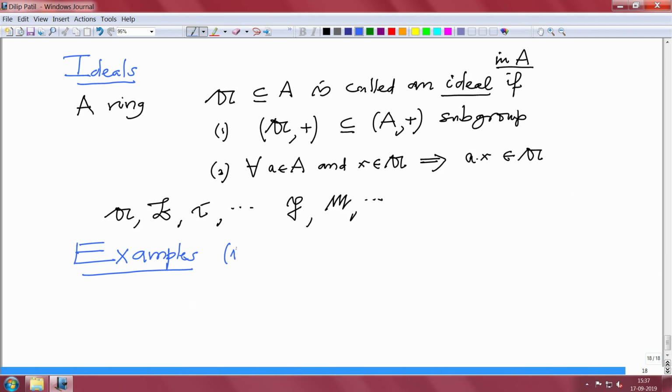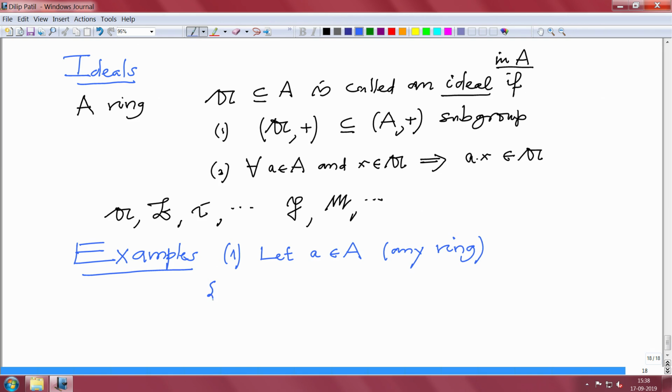So, let us take the very well known simple ring A equal to Z, the ring of integers. Or let me first take an arbitrary ring. So, let A be any ring, and fix an element a in the ring A. Now, you take all A multiples of this small a.